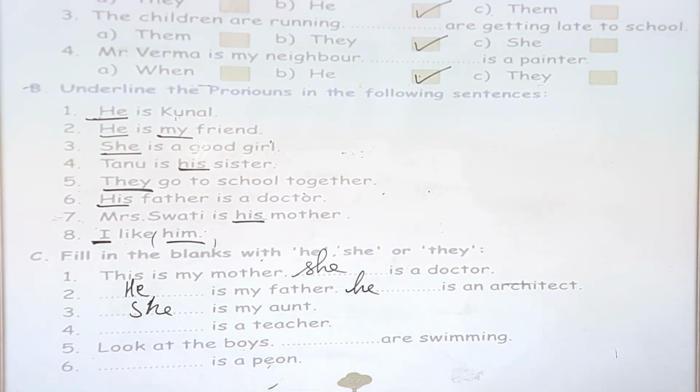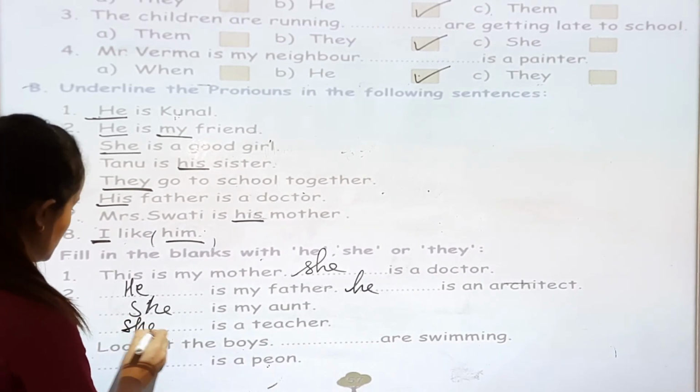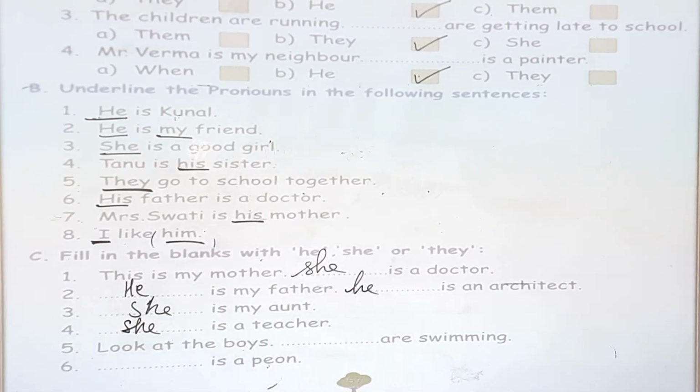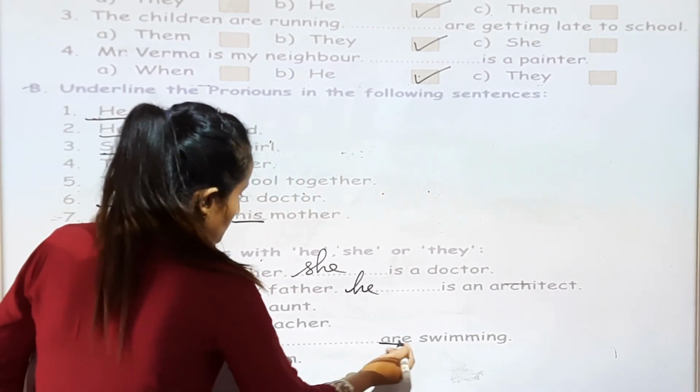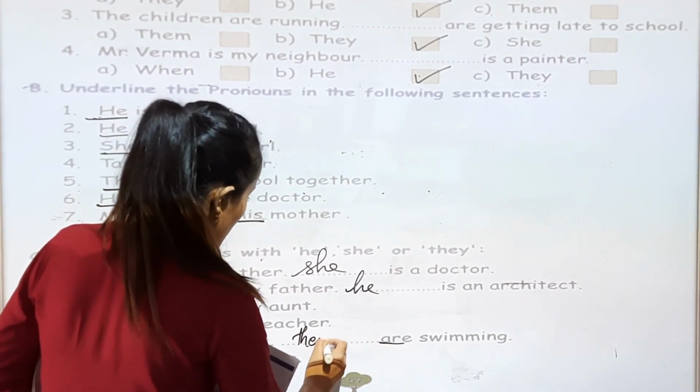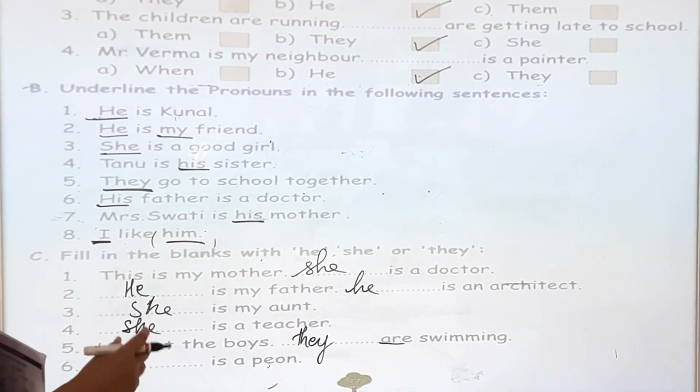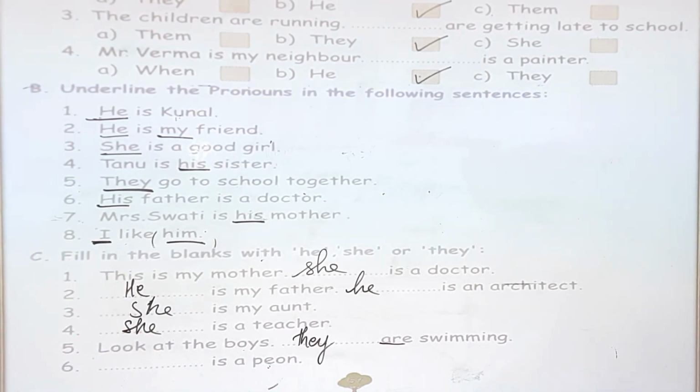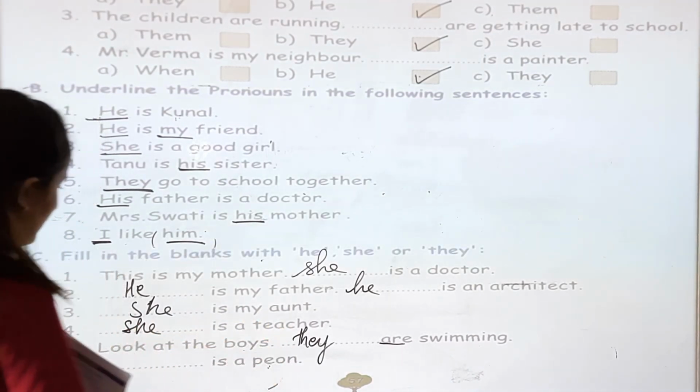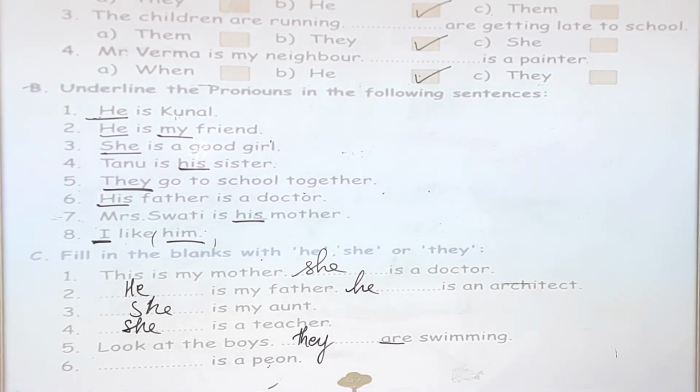She is a teacher, or you can write, she is a teacher. Look at the boys. They are swimming. When there is are, we have to use they, because there are so many. There are more than one people. So that's why we have to use they. Dash is a peon. So he is a peon.